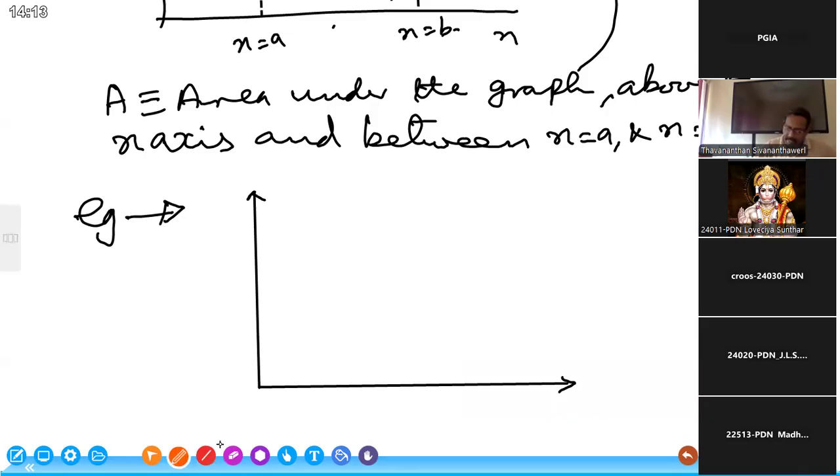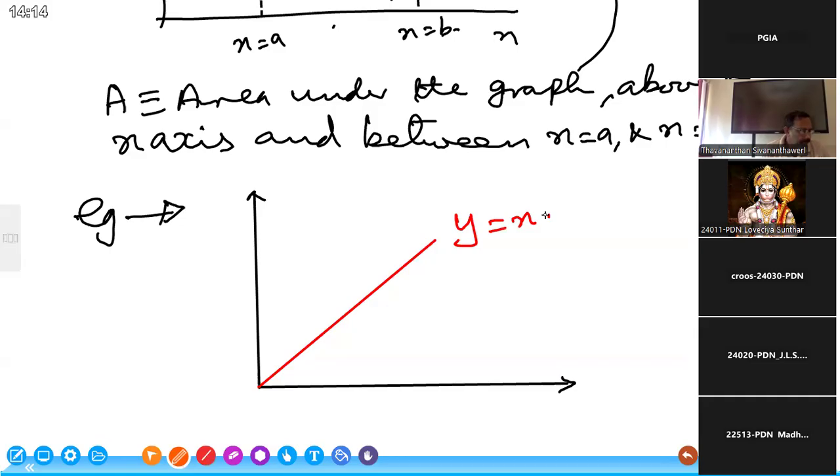Let's say y is equal to x. This is my function, y equal x. When x equal 1, y is also 1. When x equal a, y is also a. When x equal 10, y is equal to 10.